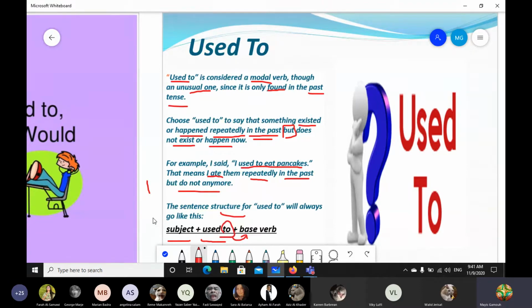So one more time, the form is subject plus used to plus the verb in the infinitive form.